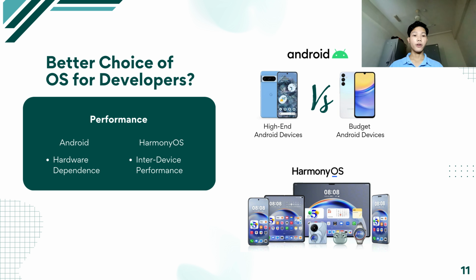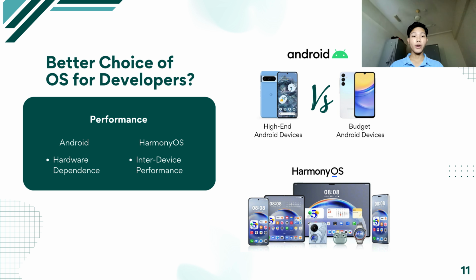High-end Android devices have advanced hardware resources, while budget Android devices have limited hardware resources. This could lead to problems like lag and bad performance for Android devices, especially for the developer during development.